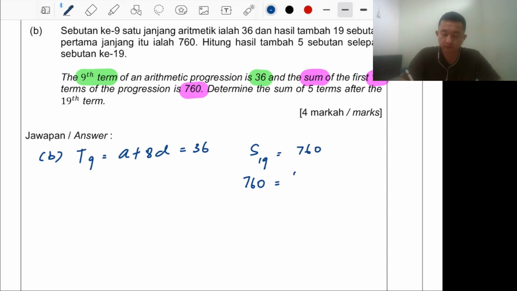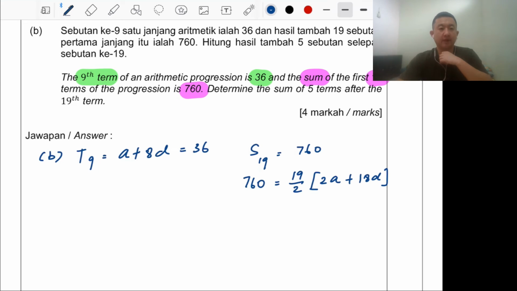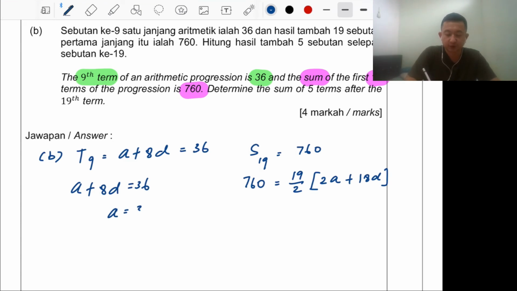n over 2, 2a plus n minus 1 d. Okay, determine the sum of the 5 terms after the 19th term. Okay, let's figure out a and d first. Then you can sort out everything. Simultaneous equation. Make a the subject.